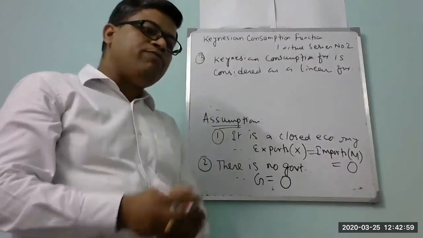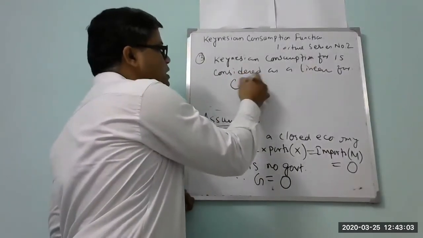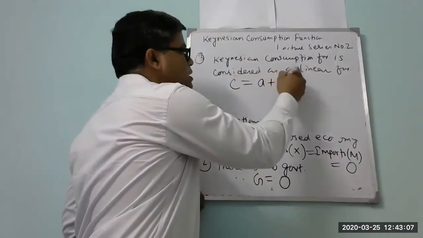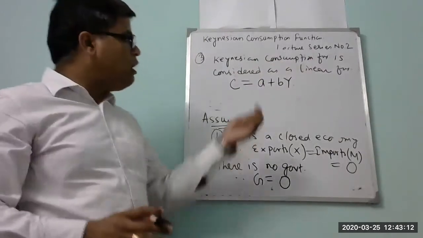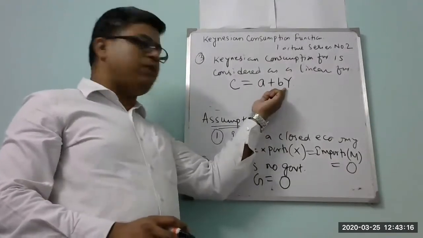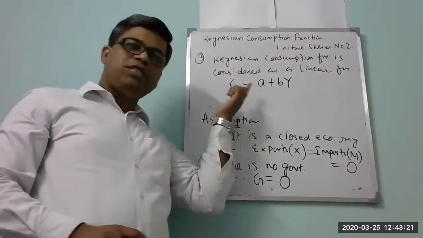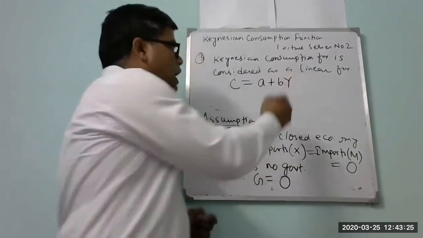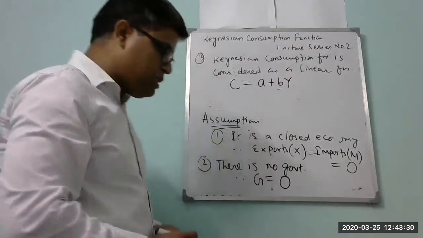In the first lecture I told you that the linear consumption function is C equals A plus BY. What is A? What is BY? Everything I described in my first lecture, but once again, A stands for the autonomous consumption and BY is the induced consumption, where B is the marginal propensity to consume, MPC.